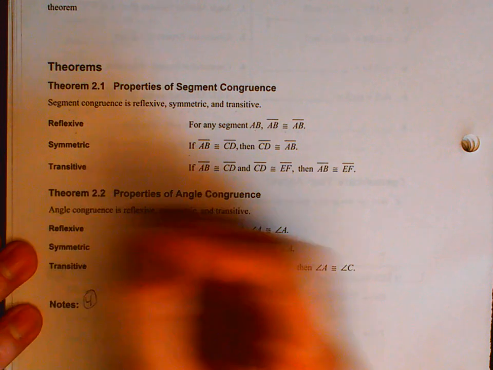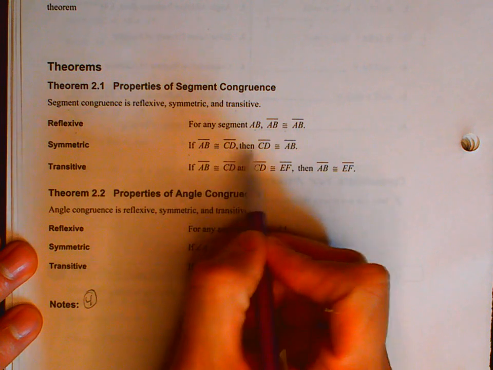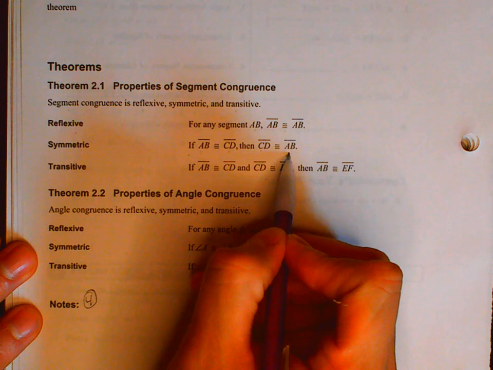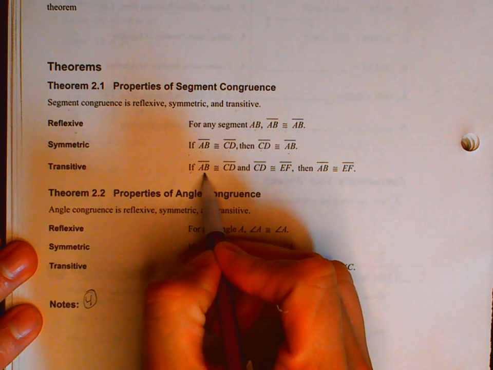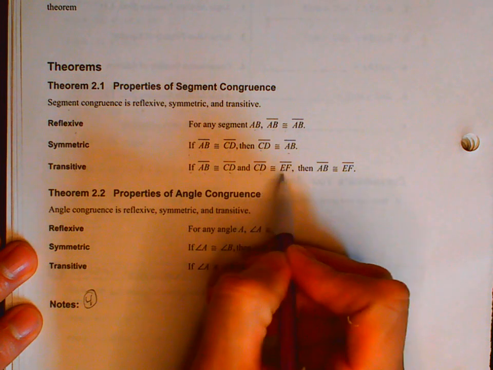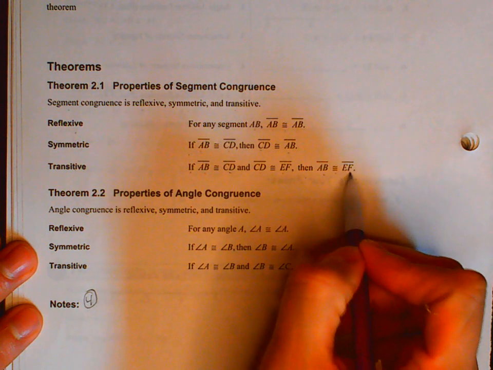Symmetric property. If you have two distinct segments, if AB is congruent to CD, then CD is congruent to AB. Transitive property. If segment AB is congruent to segment CD and segment CD is congruent to segment EF, then AB is congruent to segment EF.